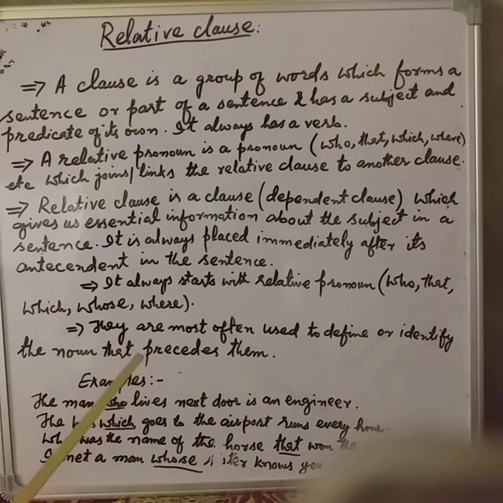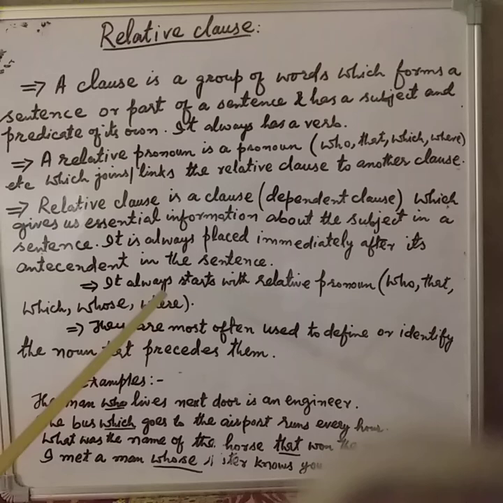Here we can also add that they are most often used to define or identify the noun that precedes them. So they define or identify the noun that comes before them.